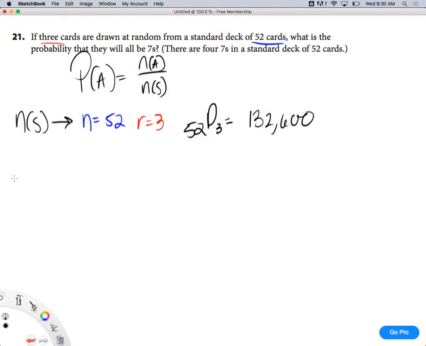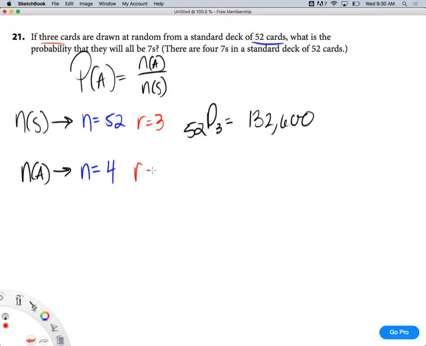132,600. Now, number of elements I'm interested in. How many cards am I interested in this deck? 4. Why is it 4? Only 4 sevens. I'm interested in those 7s, so n is 4.